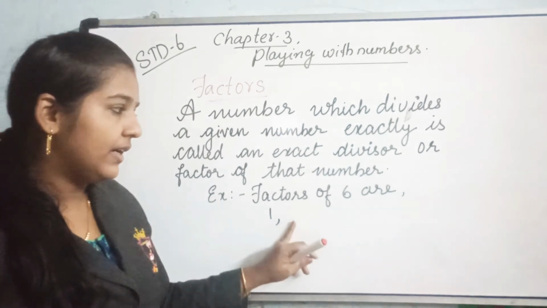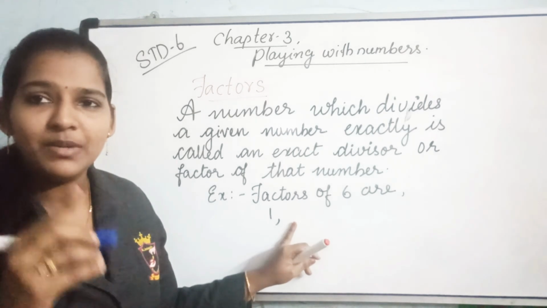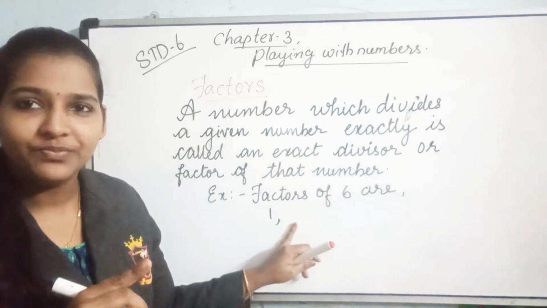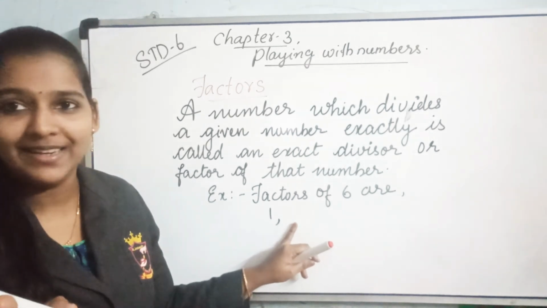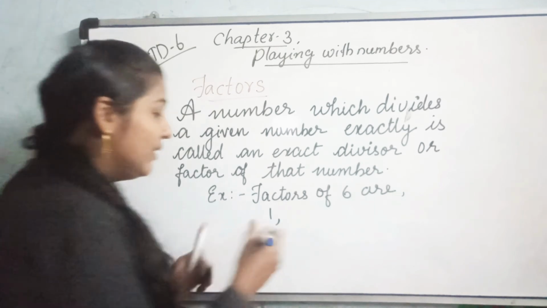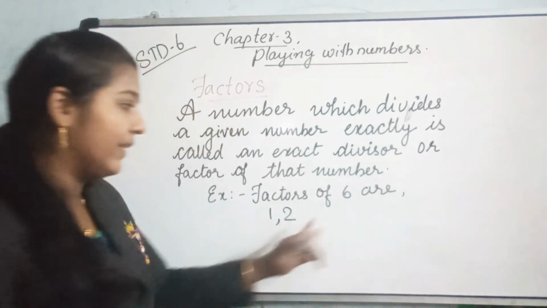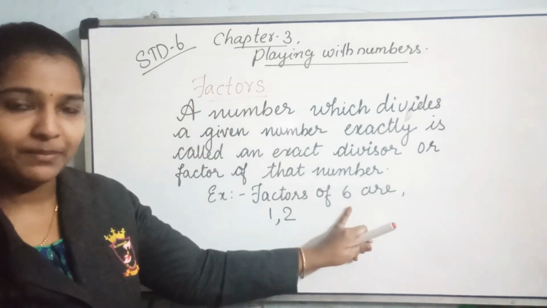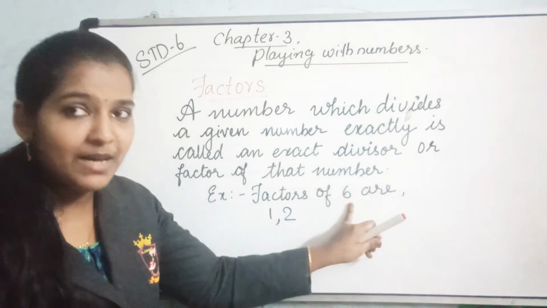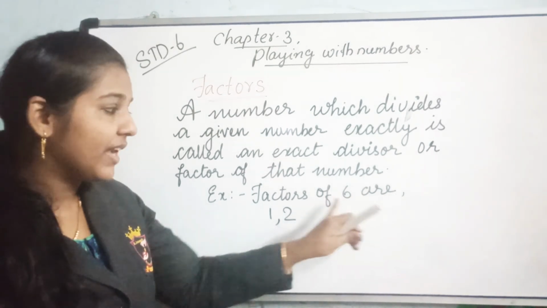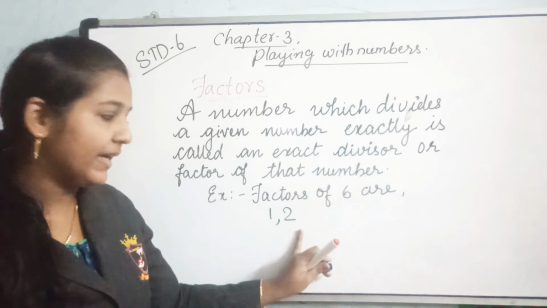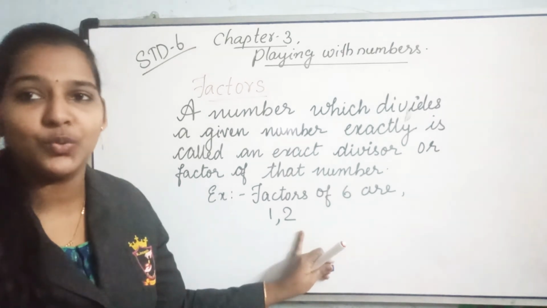Now take 2. Does the number 6 come in 2's table? Yes, 3 2's are 6. So in 2's table we will get 6. That means we can divide the number 6 exactly by using the divisor 2.